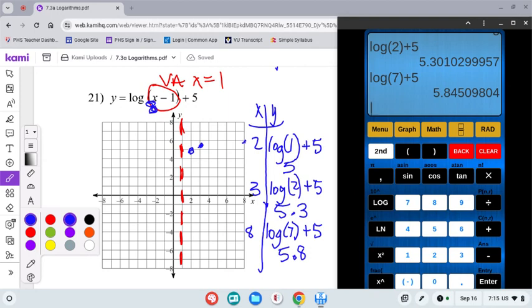That's like right there or so. But again, I already know what this thing looks like. Don't cross that asymptote. There it is. There's your logarithmic curve.